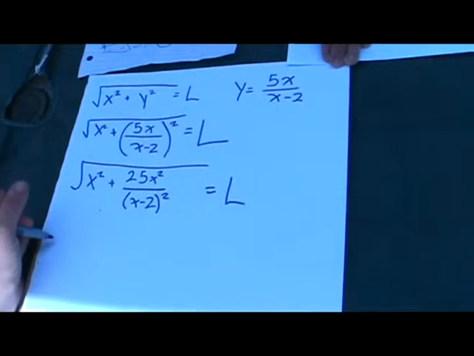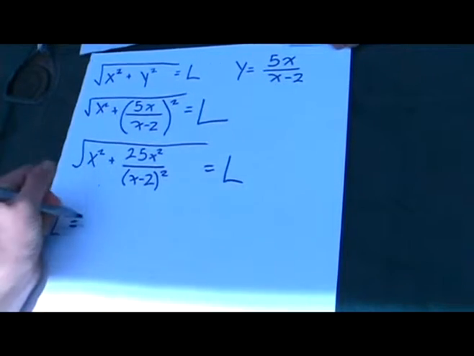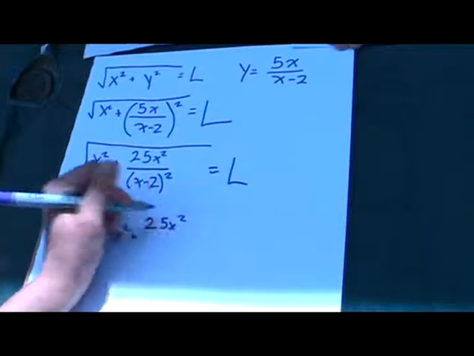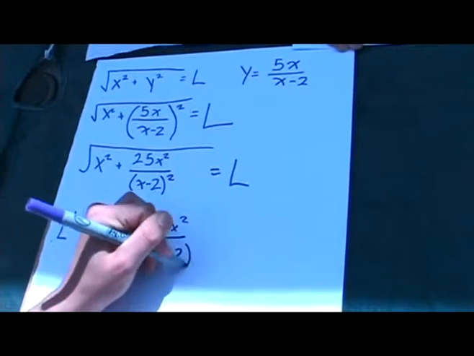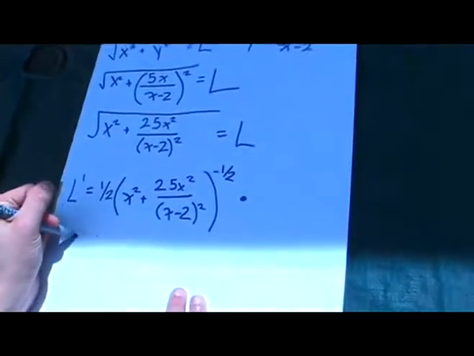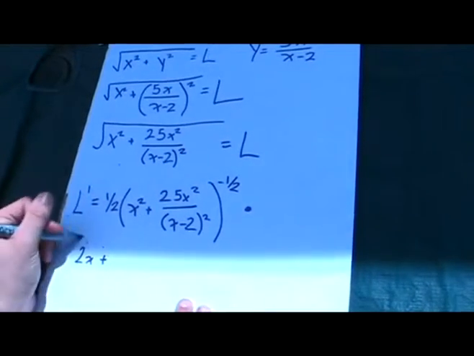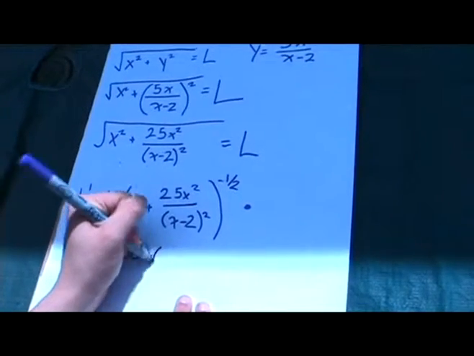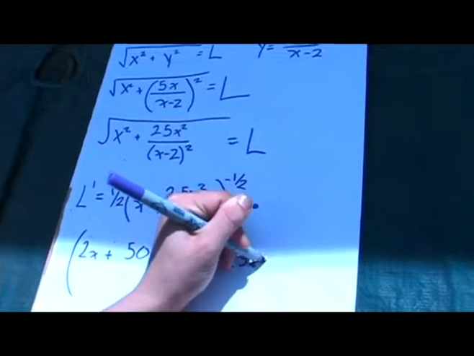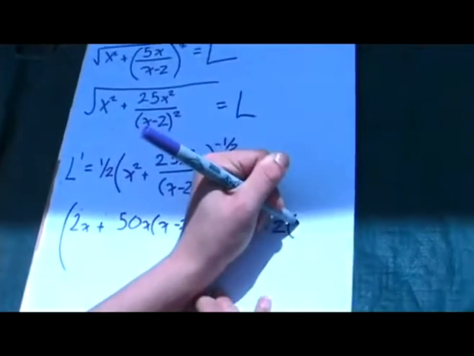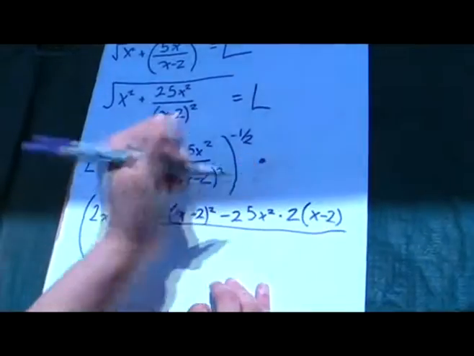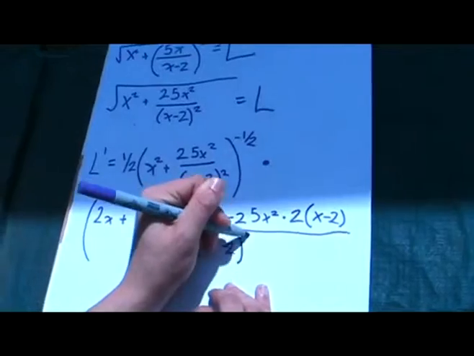The derivative of L equals 1/2 times x squared plus 25x squared over x minus 2 squared, all to the negative 1/2, times 2x plus 50x times x minus 2 squared minus 25x squared times 2 times x minus 2, all over x minus 2 to the 4th.